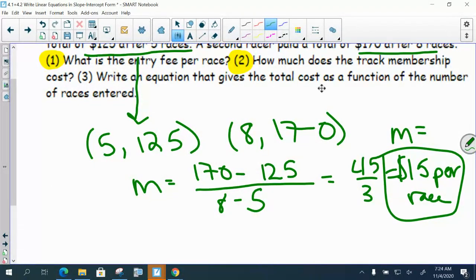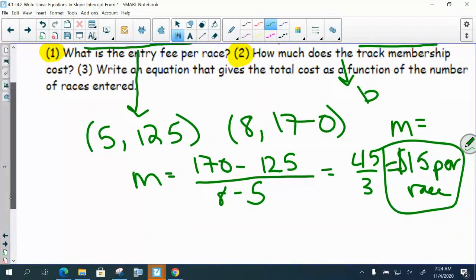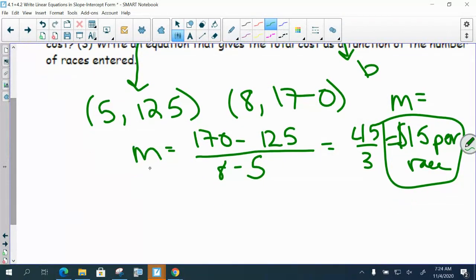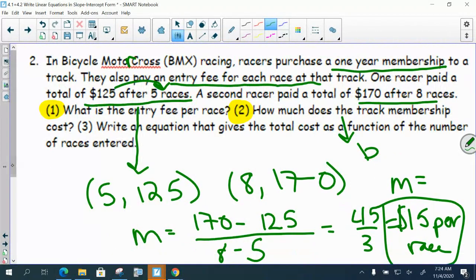And then how much does the track membership cost? So this is asking you for the b, the y-intercept. So let's use the methods. Remember when we did this question, you had 2 points. You picked the easier point to work with, you plugged it into the slope-intercept form, and then you solved for b. So we're going to do that same thing here.